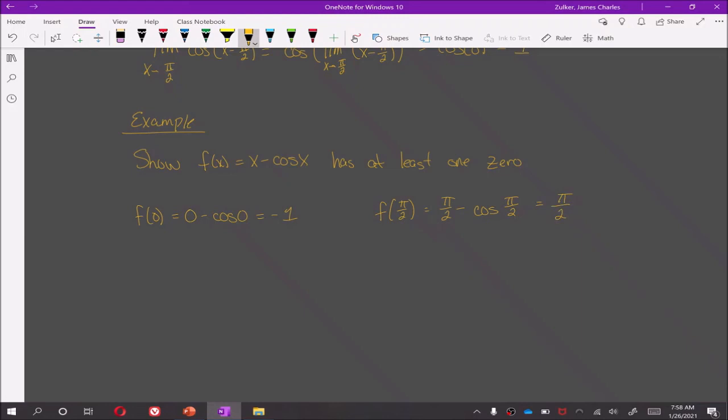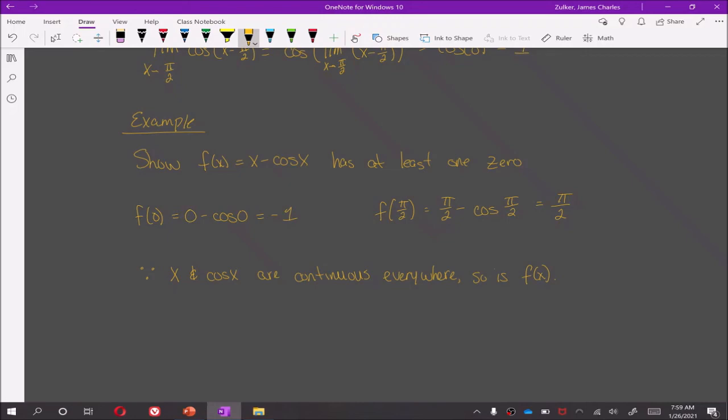Now, since x and cosine of x are continuous everywhere, right? Because x is a polynomial, and its domain is all real numbers, so it's continuous over all real numbers. Then f of x would also be continuous everywhere.